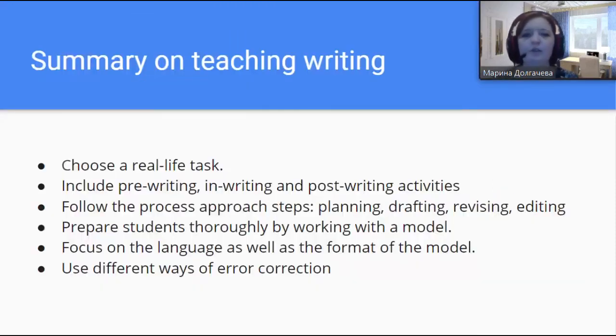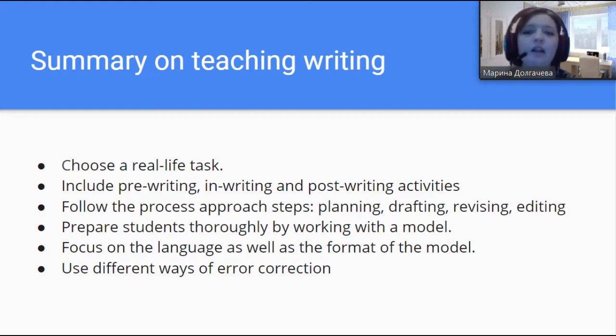And as for the summary on teaching writing, what we teachers should bear in mind are the following things. If we want our students to write something, which is really writing for writing kind of activity, it should be something that relates to students' life, to students' goals, and to students' interests.